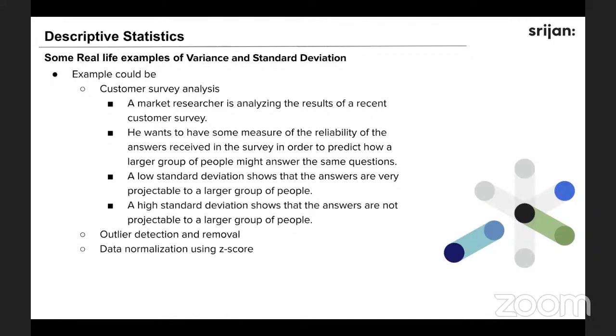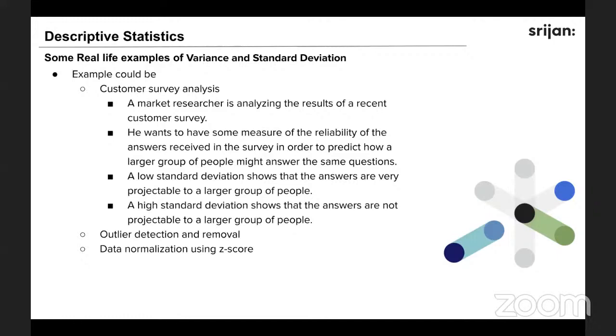You all know that customer surveys are generally done on a sample of a population, right? So how can you be sure that the results you are getting from the survey are reliable?